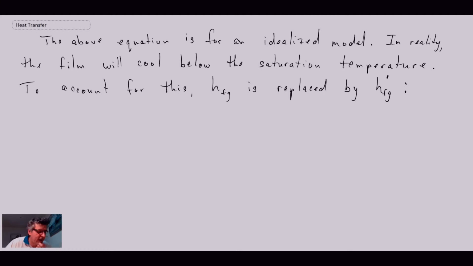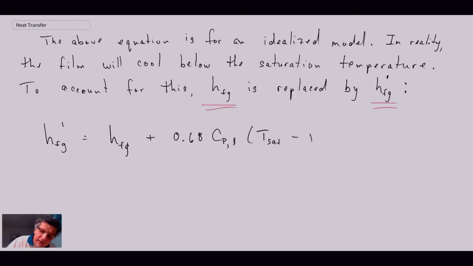So when we do our calculations, we replace the heat of vaporization that we get out of the steam tables with this corrected value, hfg prime, and the expression for that is hfg prime equals hfg plus 0.68 times the specific heat of the liquid, times the saturation temperature minus the wall temperature. So this hfg prime is a modified value.